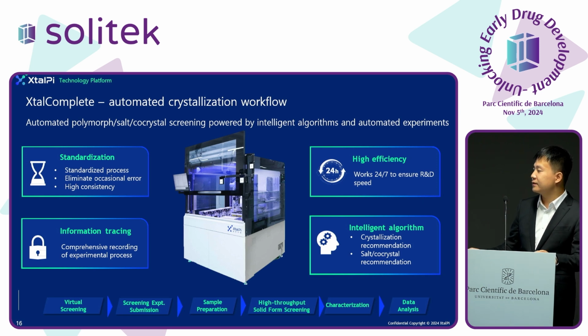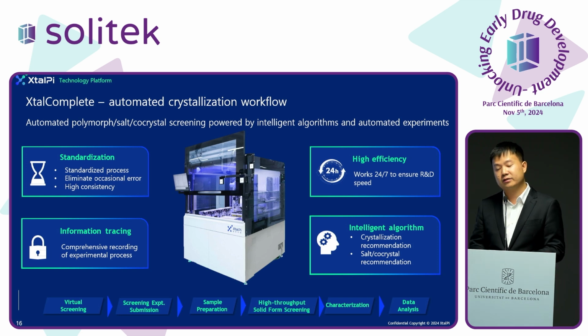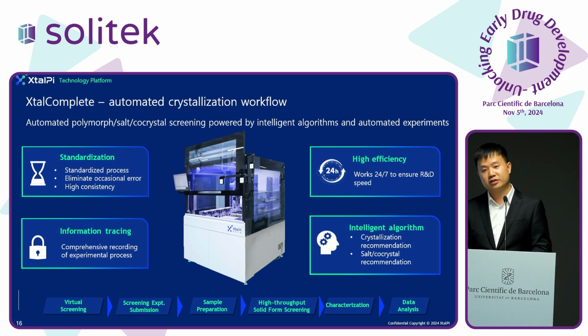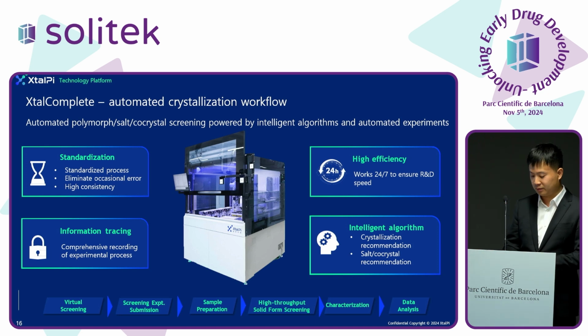Another advantage is that everything is traced automatically in an electronic way, so we can trace back to see what happened and what the problem was. We hope to equip this automation station together with our intelligent algorithm to really increase the efficiency and success rate in solid form screening.